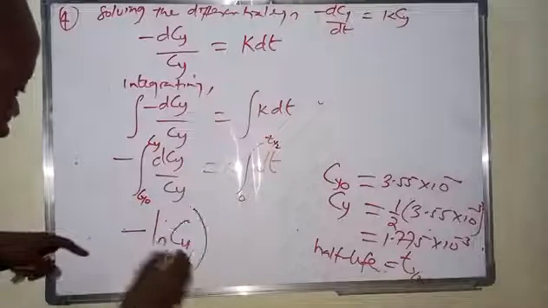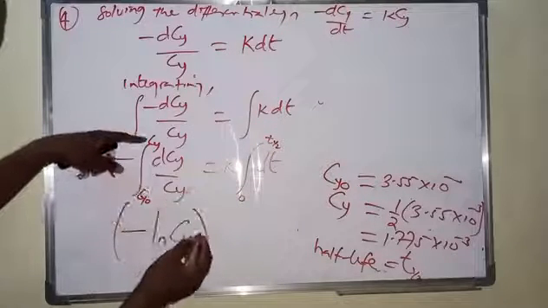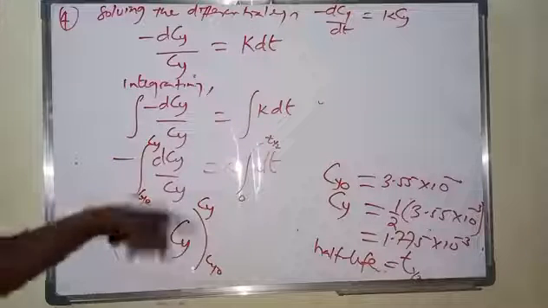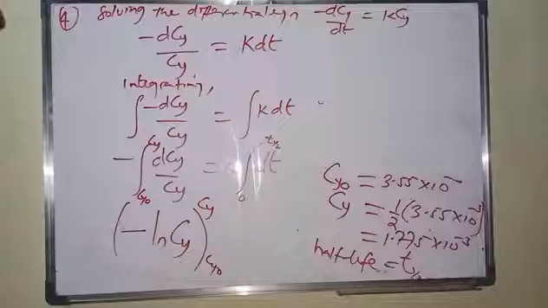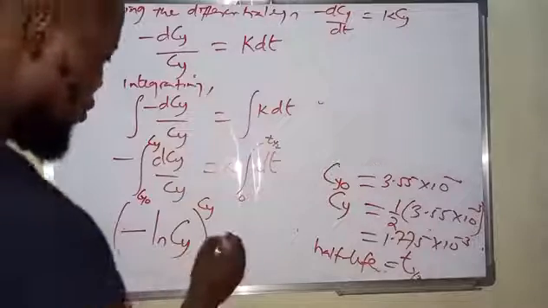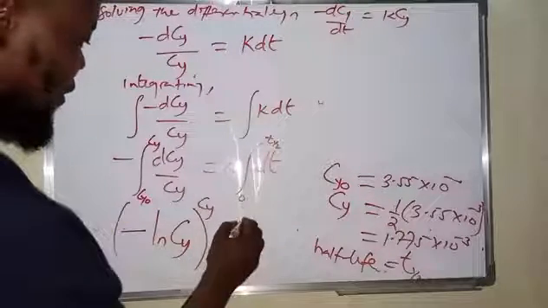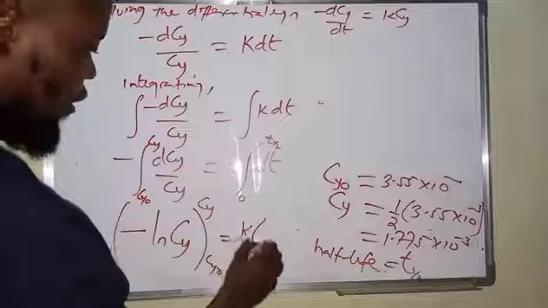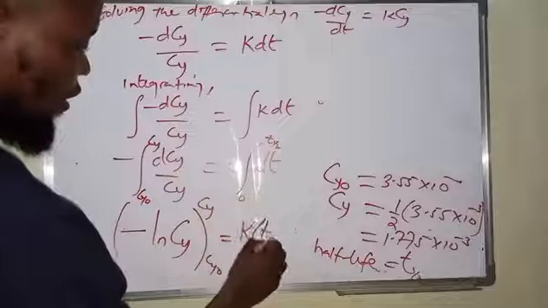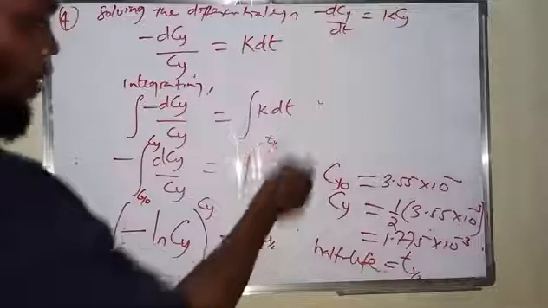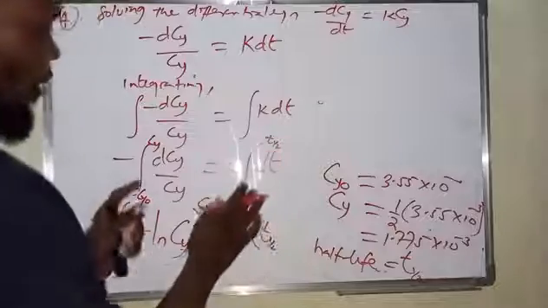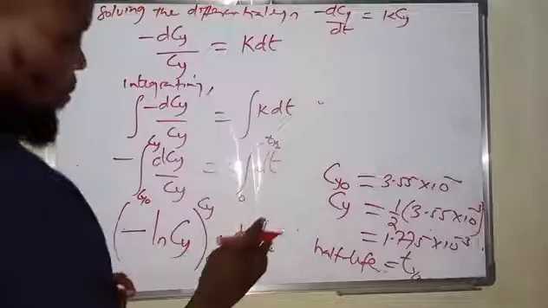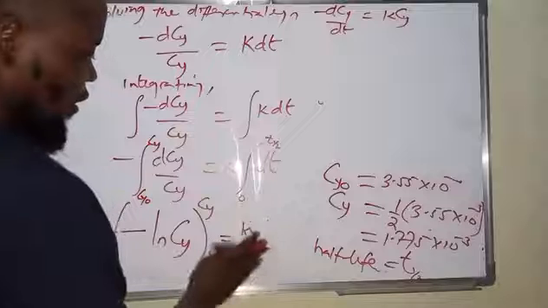After integrating this, we will have to evaluate it at the limits given to us. Then it equals, for the t, we're going to have k into t half. No, still not. So we can just say, let us forget about this confusion. We can just say this is t.